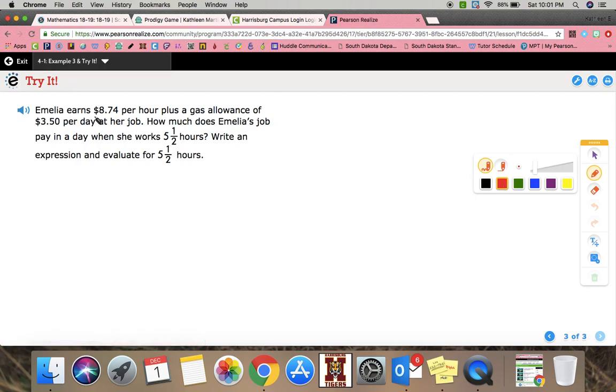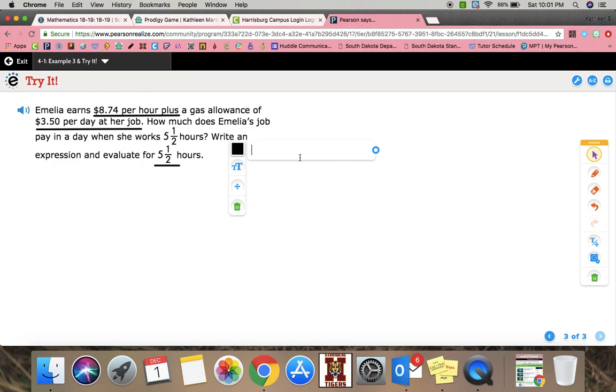Okay, so we need to find this one here, $8.74 per hour plus a gas allowance of $3.50 per day at her job. Because we're only evaluating for 5.5 hours, that's only 1 day. So that $3.50 is going to be a constant. It's only going to happen once because we're only talking about 1 day.